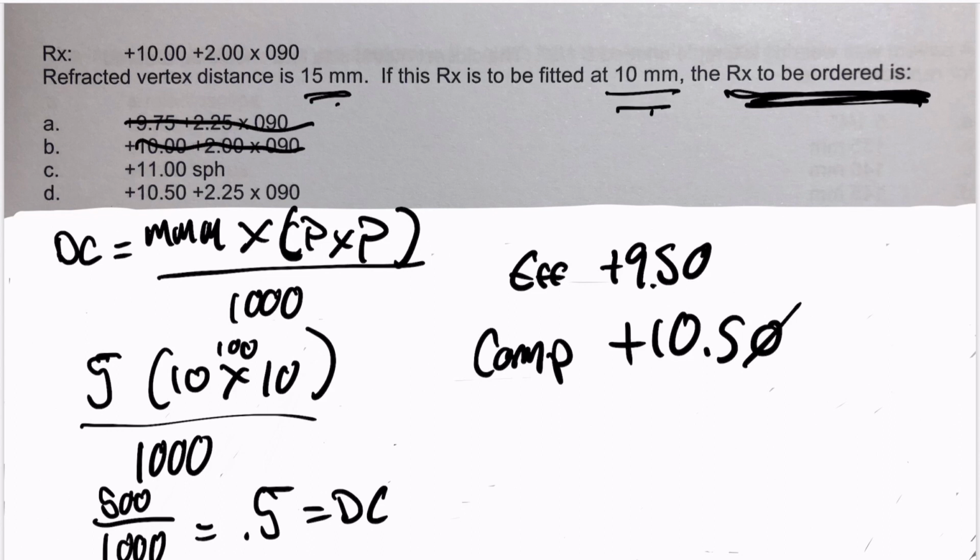So that gets us down to either C or D. The one thing that we know, vertex distance has nothing to do with spherical equivalent, with elimination of this cylinder, or any of that. So this answer is gone. So the only correct answer really is D, +10.50 +2.25 at 90.